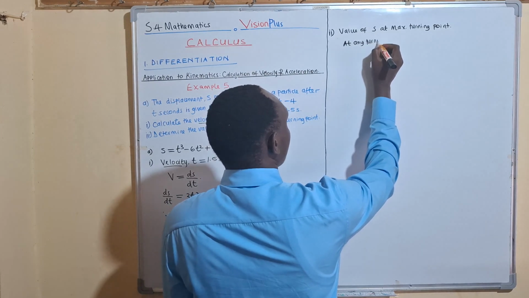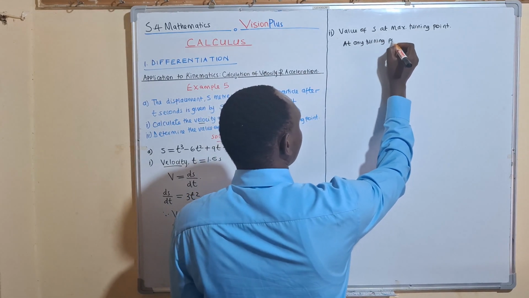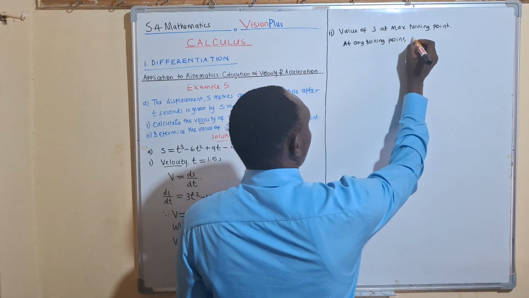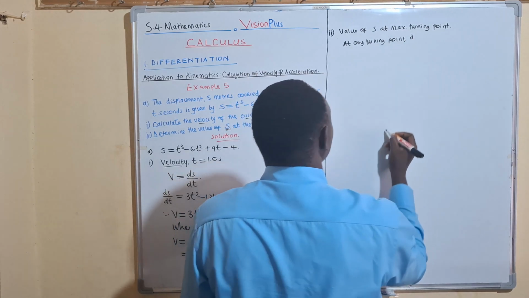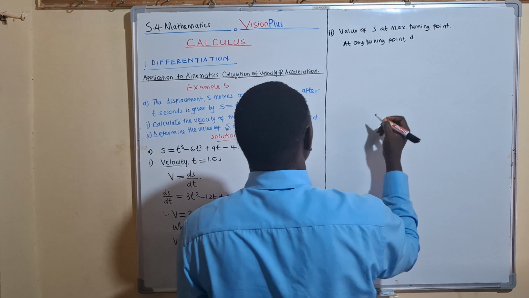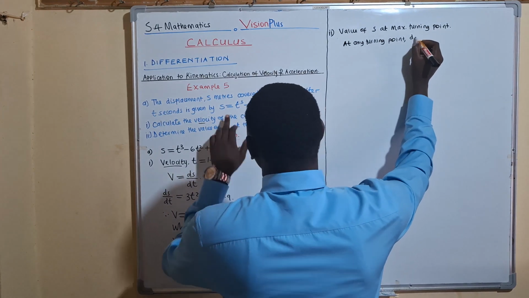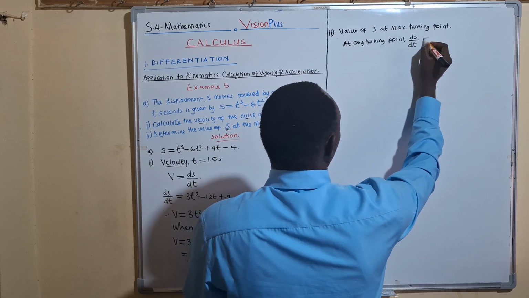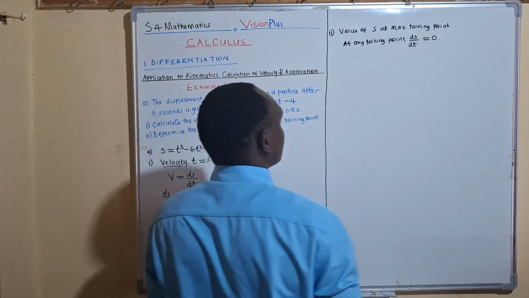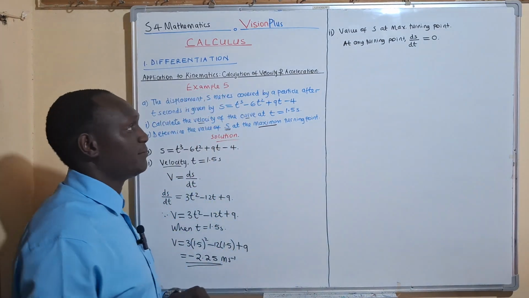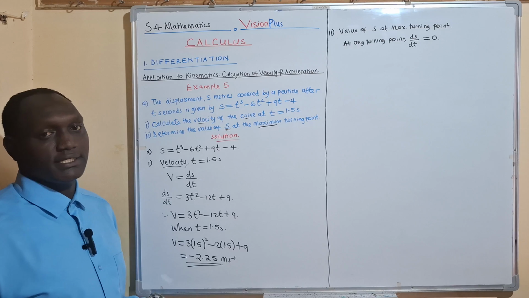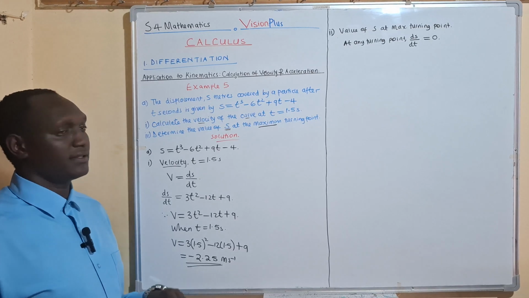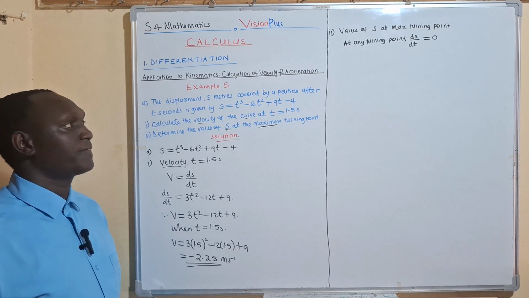We have learned this: at any turning point, the gradient function of any curve is 0. So in this case ds/dt equals 0 at any turning point. That means the gradient is 0.